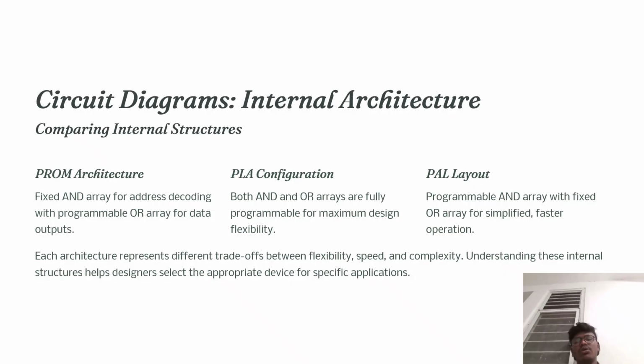PAL layout: programmable AND array with fixed OR array for simplified, faster operations. Each architecture represents different trade-offs between flexibility, speed, and complexity. Understanding these internal structures helps designers select the appropriate devices for specific applications.